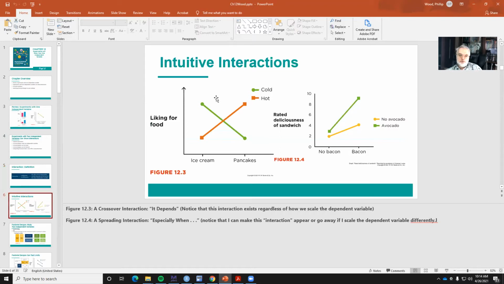I have a little bit of comment about these two interactions. This X crossover interaction is different than the ordinal interaction you're seeing on the right-hand side. The reason is that very frequently, when we're looking at our dependent variable, we might be interested in transforming it.